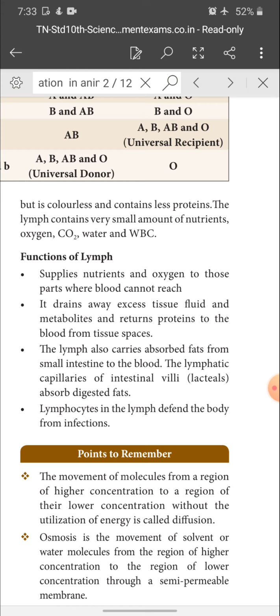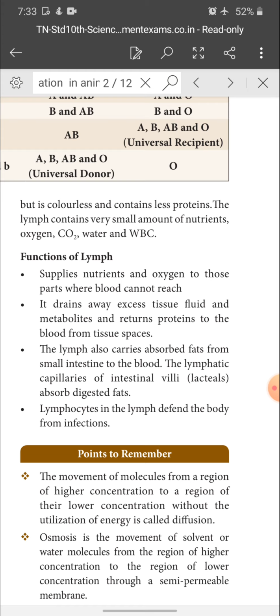After digestion, the food is converted into simple substances: carbohydrate into glucose, protein into amino acids, fat into fatty acids and glycerol.